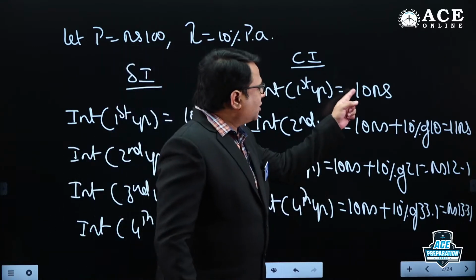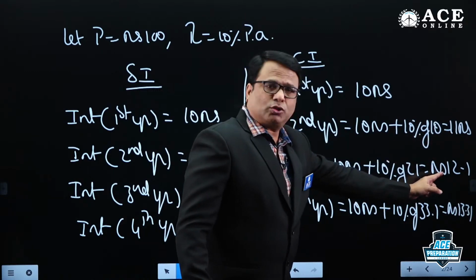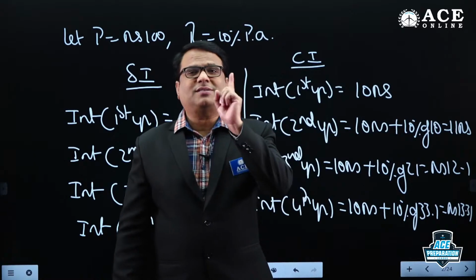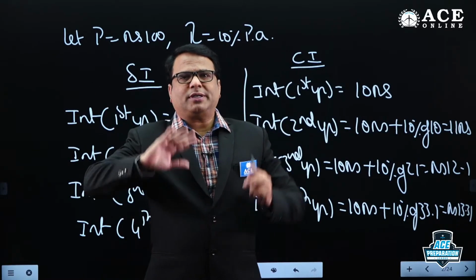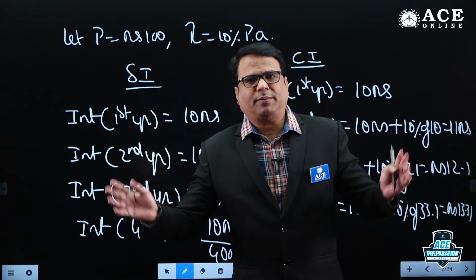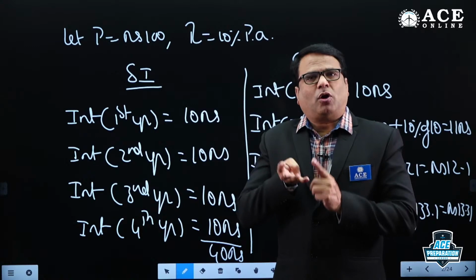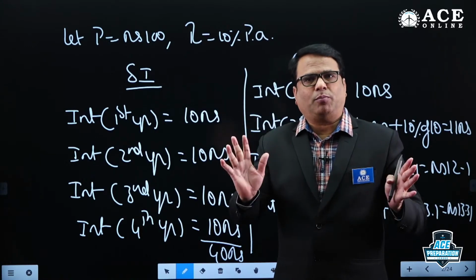First year it is 10 rupees, second year it is 11 rupees, third year it is 12.1, and fourth year it is 13.31. So this is the second point.